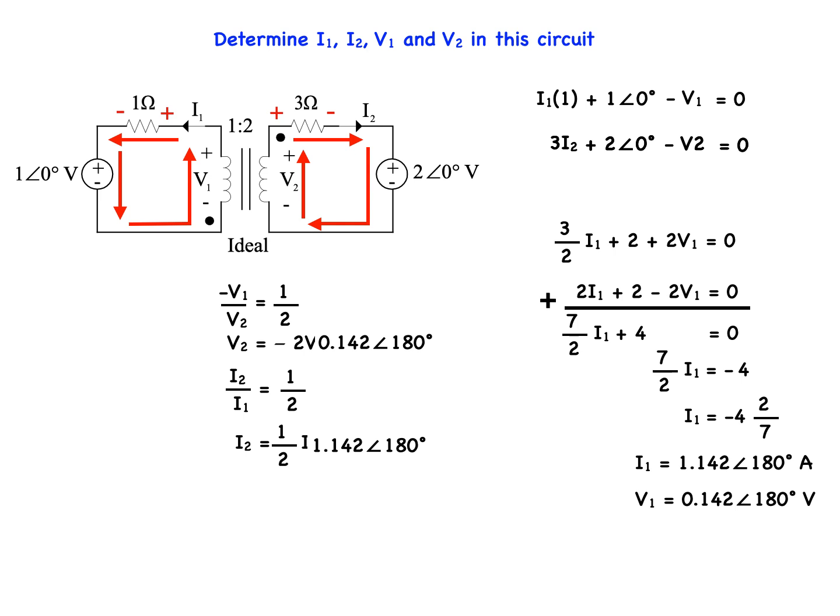Simplifying the right-hand side, we get the solution for V2 and I2. We can see from the angle designation of 180 degrees for I1 and V1 that our assumed direction for the current and the polarity of the voltage is wrong, so they both must be reversed.